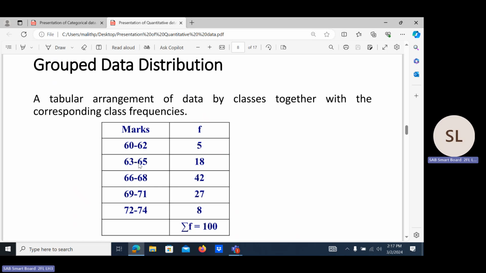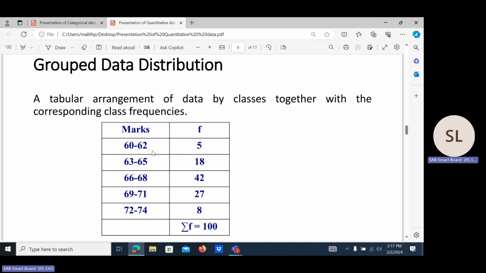There is a range. The first frequency value is 5. It means 5 students got marks between 60 and 62. It may be 60, it may be 61.